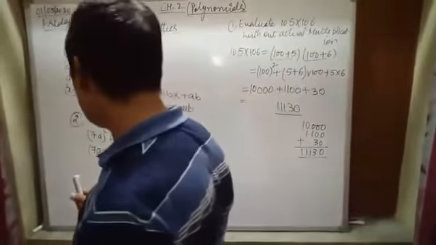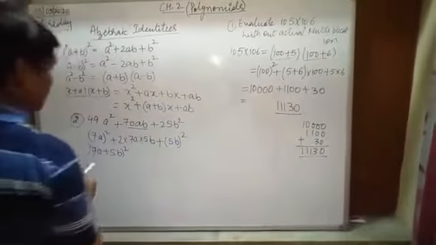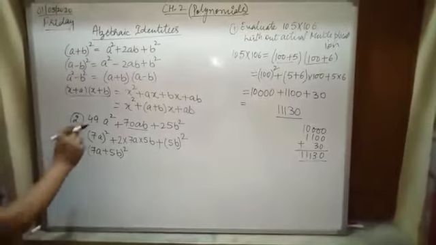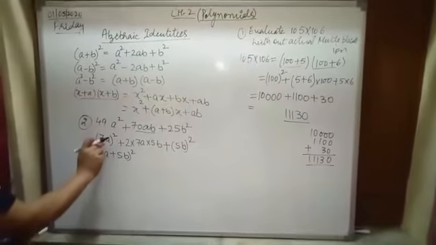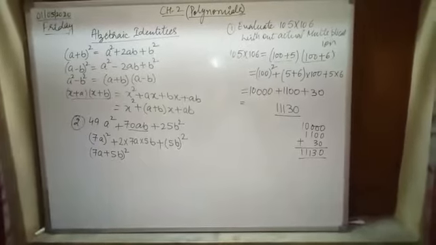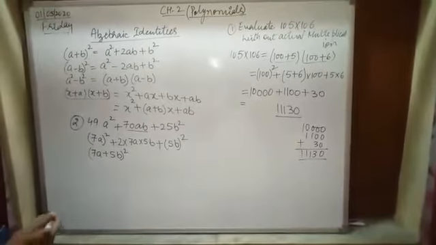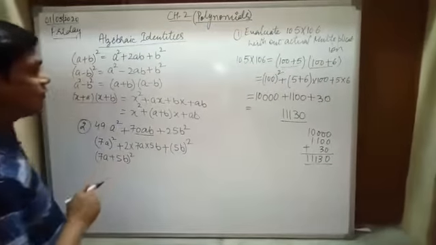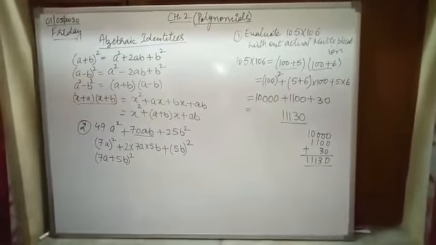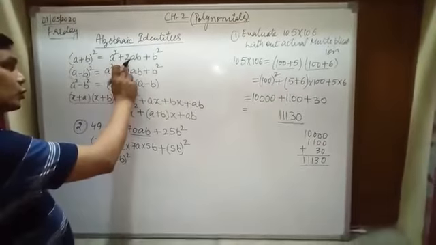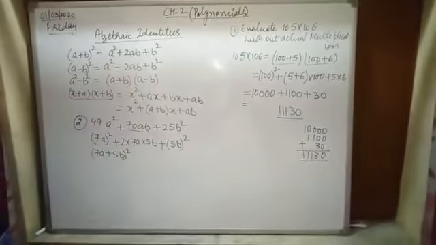49a square plus 70ab plus 25b square means 49 we can rewrite as (7a) square because 7 square is equal to 49. 25 must be rewritten as (5b) square, and in between either plus 2ab or minus 2ab.